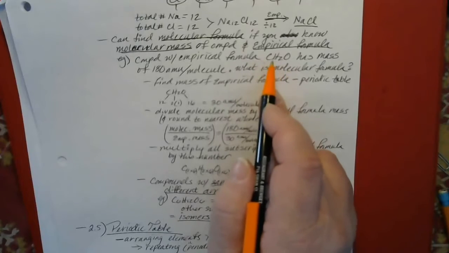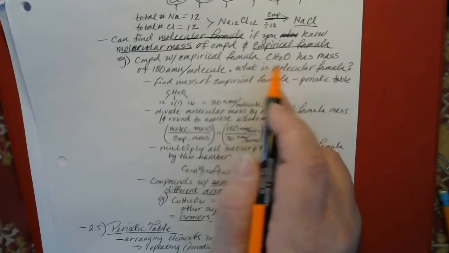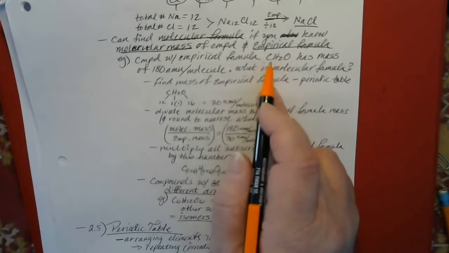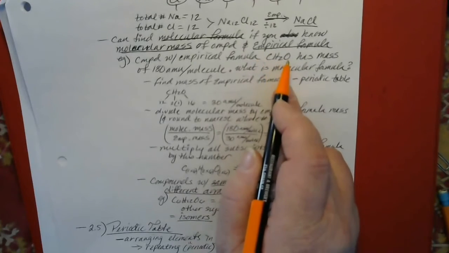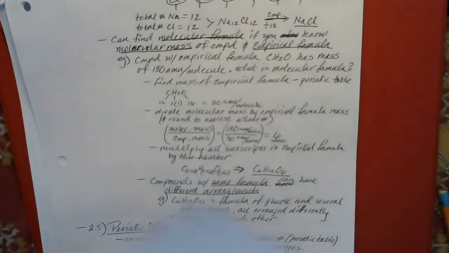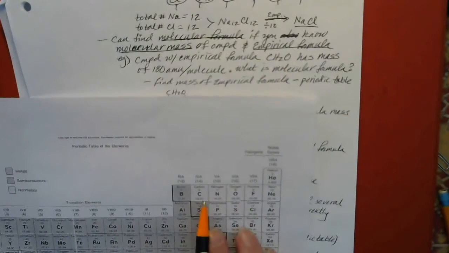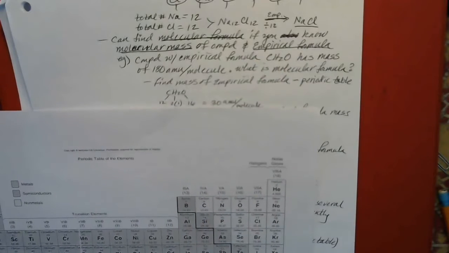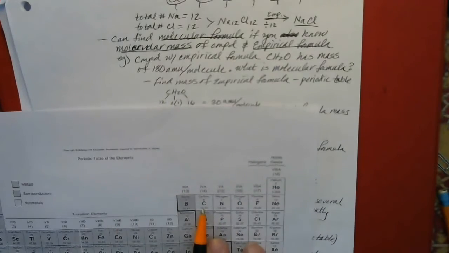The empirical formula here is given as CH2O. That means each molecule of this formula would have the mass of 1 carbon plus 2 hydrogens plus 1 oxygen. So if you go to the periodic table, we see the mass of carbon is 12.01, but for most purposes, rounding it off to the nearest whole number is close enough. So we'll call the mass of carbon 12.